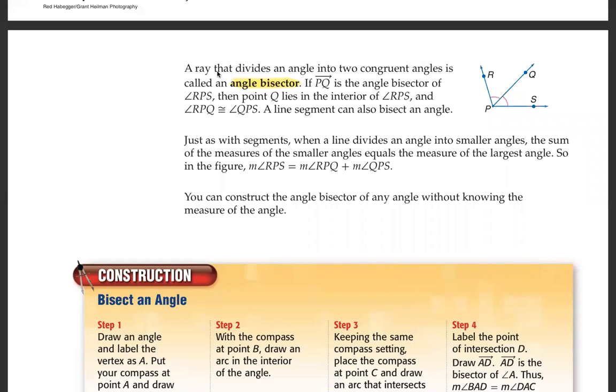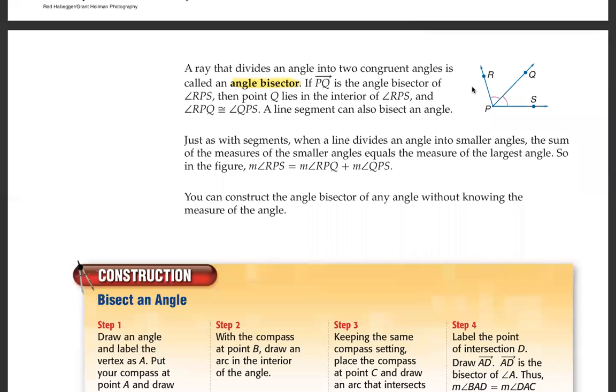The measurement of angle RPS is equal to the measurement of angle RPQ plus the measurement of angle QPS.